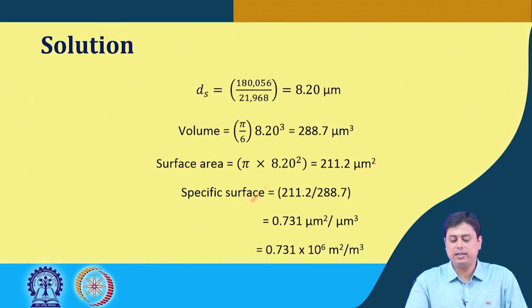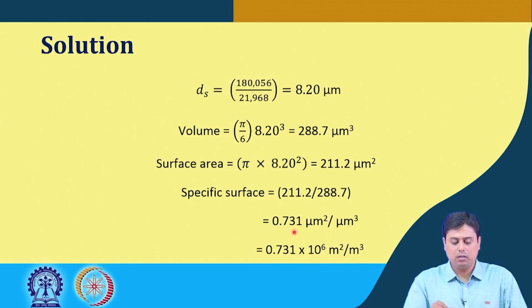The specific surface is nothing but the surface area per unit volume, which is 0.731 square micron per cubic micron. If we convert that to square meter per cubic meter, it comes out to be this value.